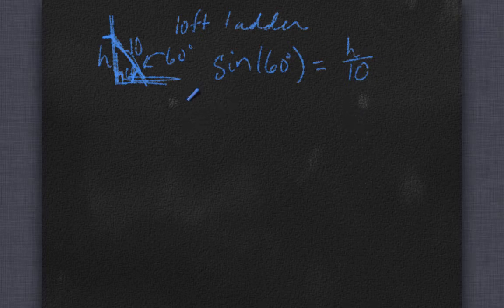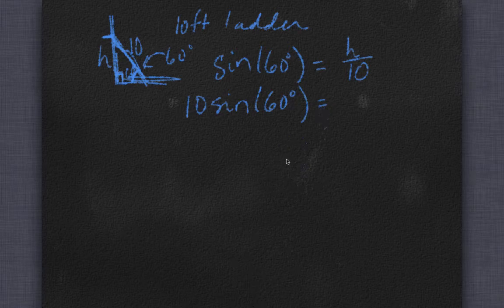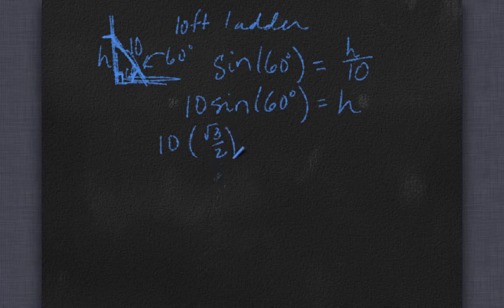So to solve for h, I just do 10 times sine of 60 degrees, which is 10 times square root of 3 over 2.